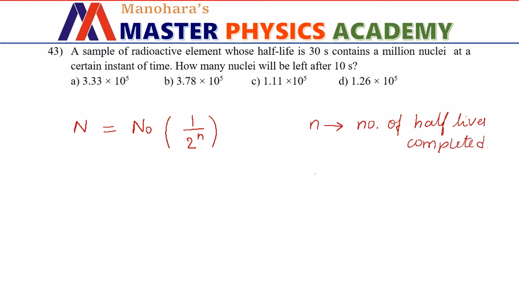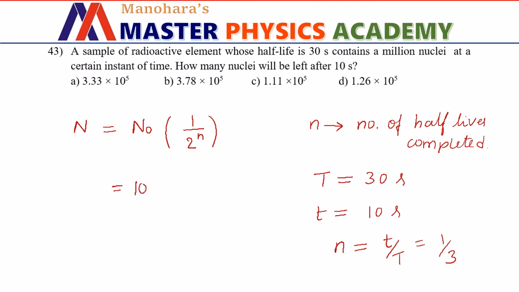So it is given that the half-life of the radioactive nuclei is 30 seconds and the time that has elapsed is just 10 seconds. Therefore, the number of half-lives completed is given by t divided by capital T, which is going to be 1 by 3. Then let us substitute N naught as 10 power 6, since it is given as a million.